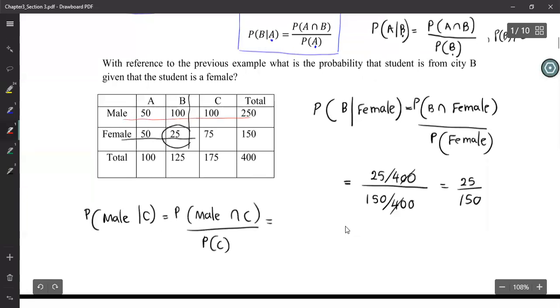Males are here, C is here, where they intersect you have 100 out of 400, divided by P(C), which is 175 out of 400. So what is the answer? 100 over 175. Yes.